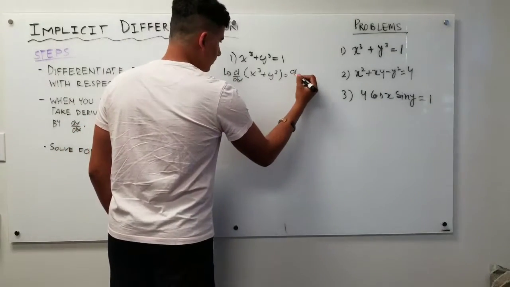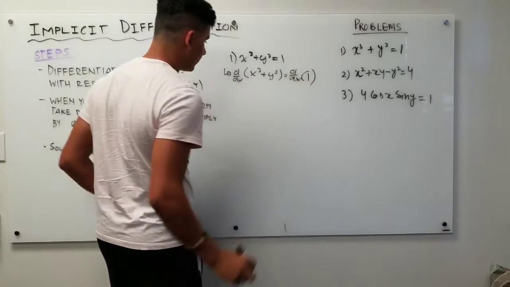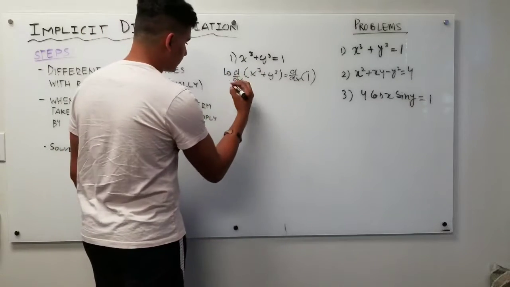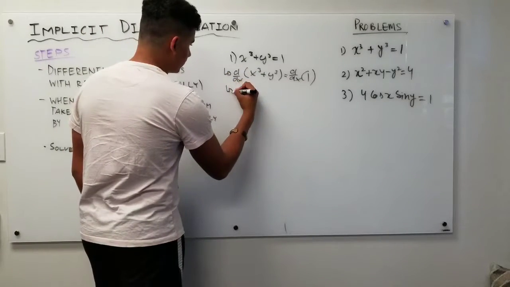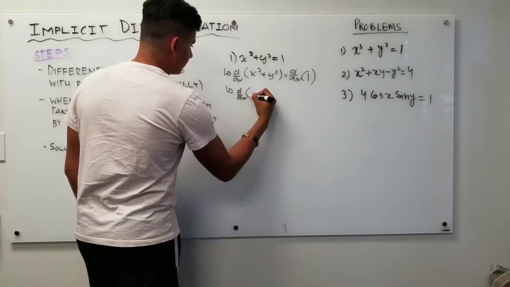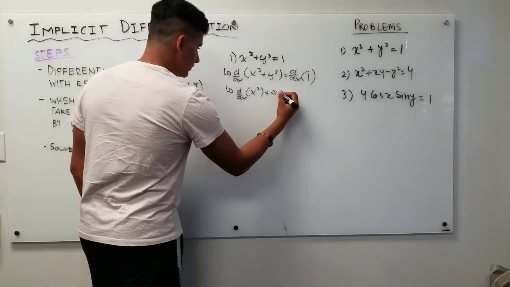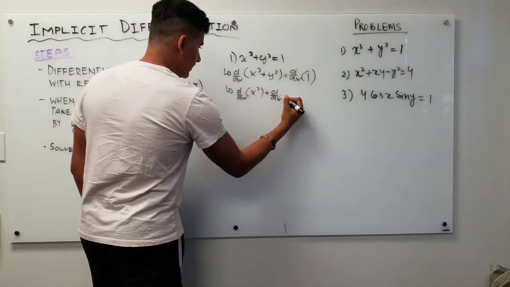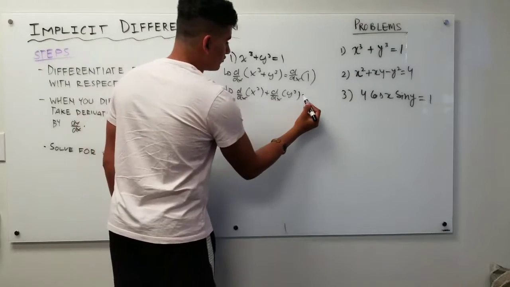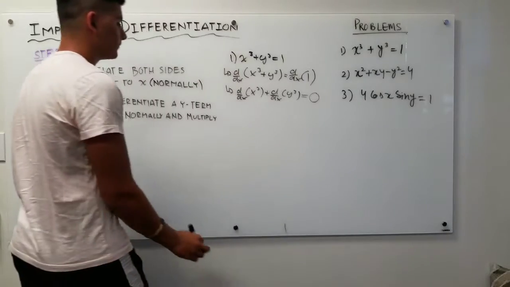Now we distribute the d dx to both terms: d dx of x cubed plus d dx of y cubed. The derivative of a constant such as 1 is 0, so we write 0 here.